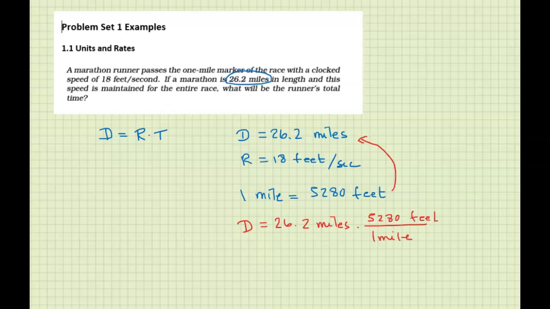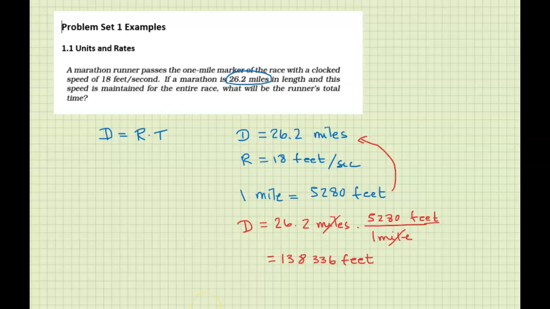All right, basically, to figure out whether you're multiplying or dividing, you want to cancel out the original unit and maintain the unit that you want to change it to. So we have 26.2 times 5280 gives me 138,336 feet. So that's how many feet are in a marathon.